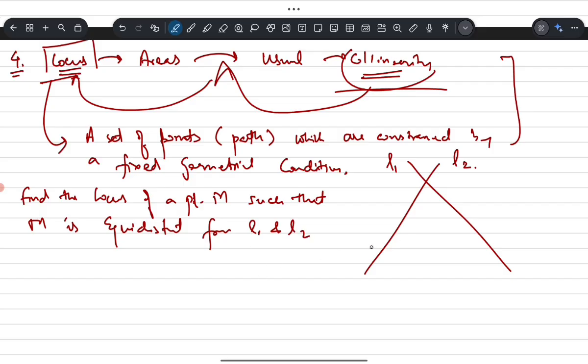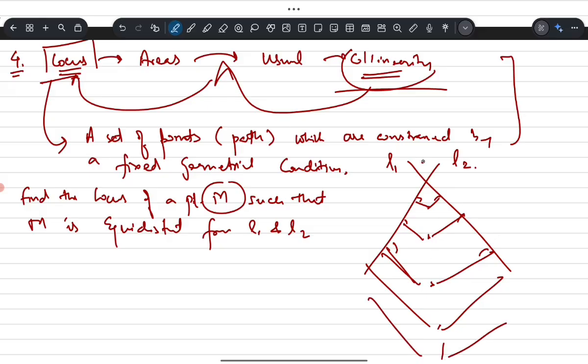Now, it's not very difficult to understand that you'll find a lot of such points, right, which are equidistant. You can find it here as well. You'll find infinite points. I can go out of the screen as well and find one point. You can find it here as well, right? So it will be a lot of points.